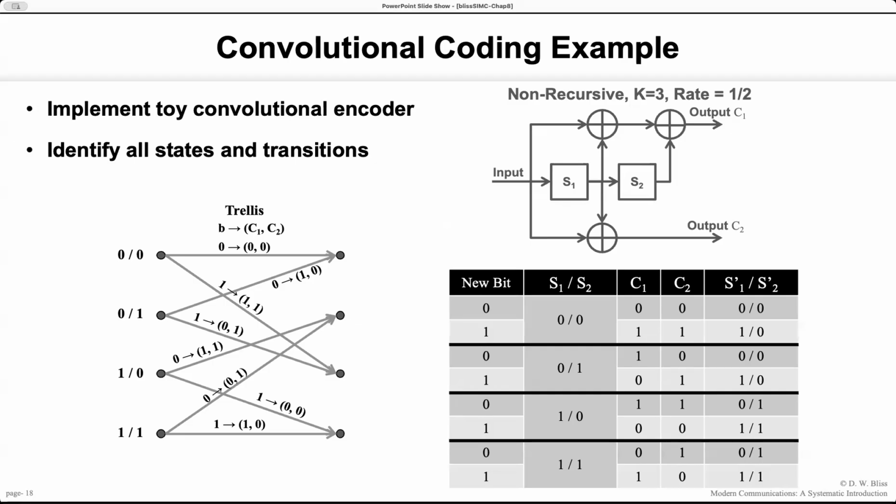If we start with the 0, 0 state, and the input bit is a 1, we get a 1, 0 state for the next transition, and so forth, right? We can immediately write down the next state for whatever the current state is, and this is independent of the structure as long as we know it's a non-recursive code.